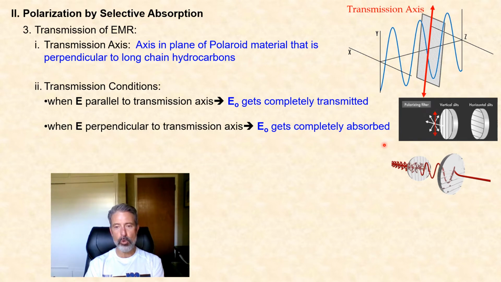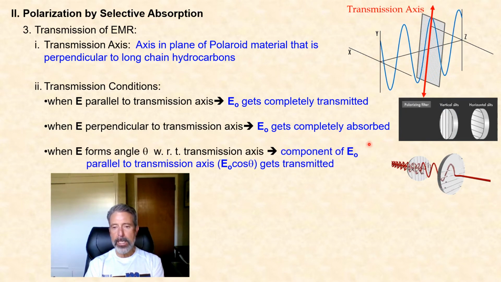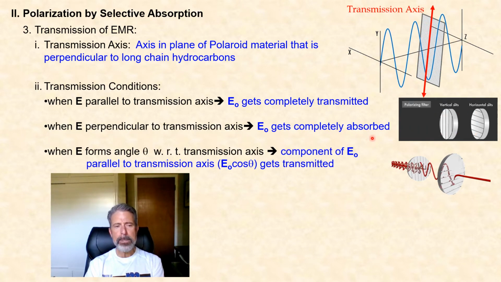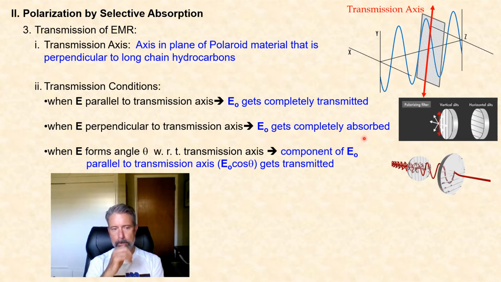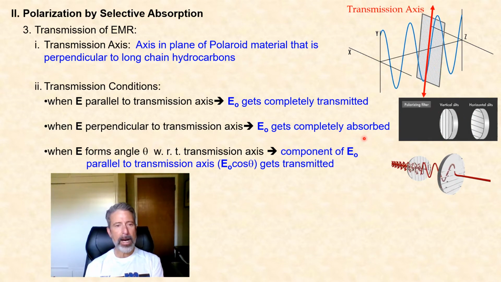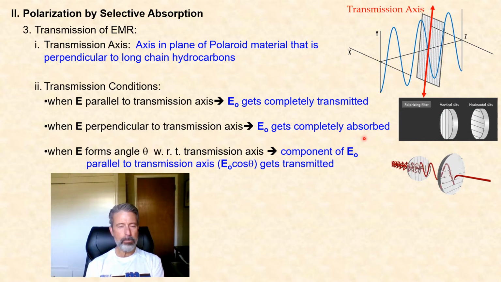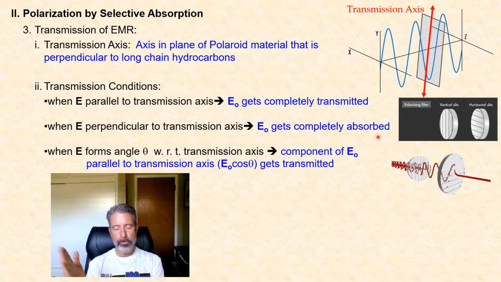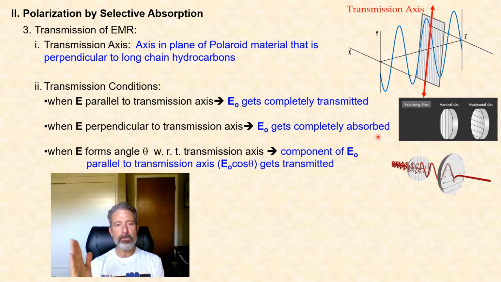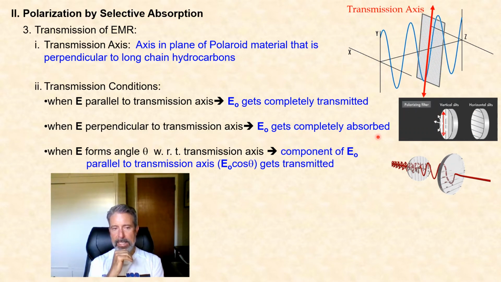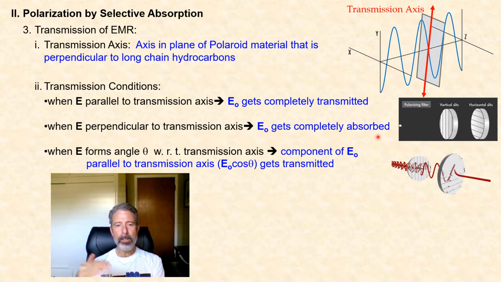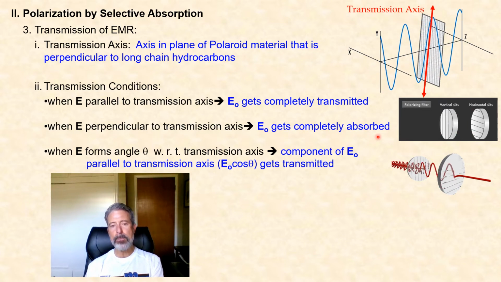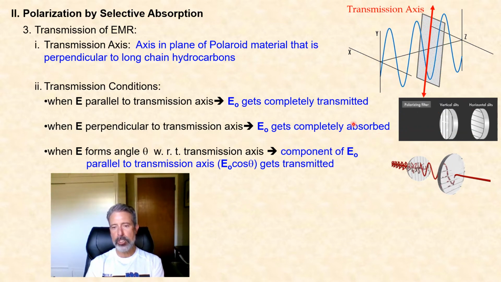it gets completely absorbed. And finally, what happens when the electric field of the polarized light, or the electric field of any individual wave, is not parallel nor perpendicular, but forms some angle with respect to the transmission axis?